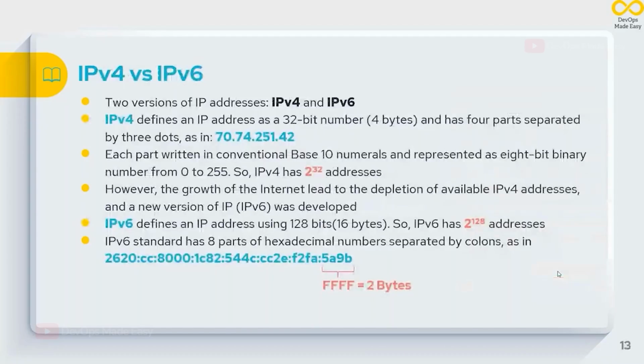Then what is IPv6? Why are we even talking about IPv4? As you see, IPv4 consists of 32 bits, or 4 bytes, because 1 byte is 8 bits. Each octet is represented by 8 bits, so a total of 32 bits. And how many maximum combinations can you have?